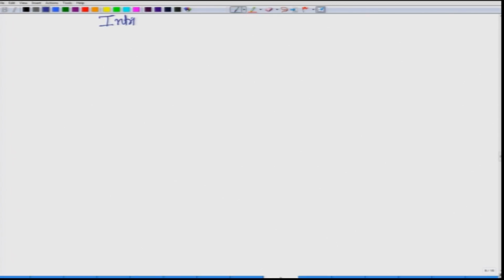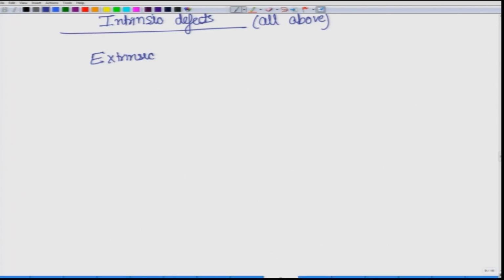So far we have discussed only intrinsic defects, all the above defects. Now where we move on is to extrinsic defects. What are extrinsic defects? When you have some foreign atom involved in it, or impurity.